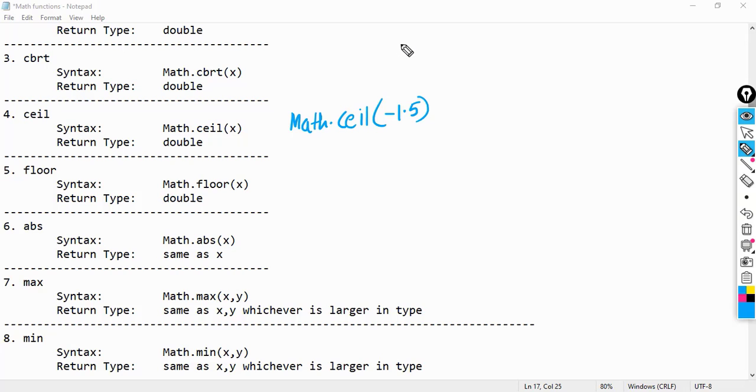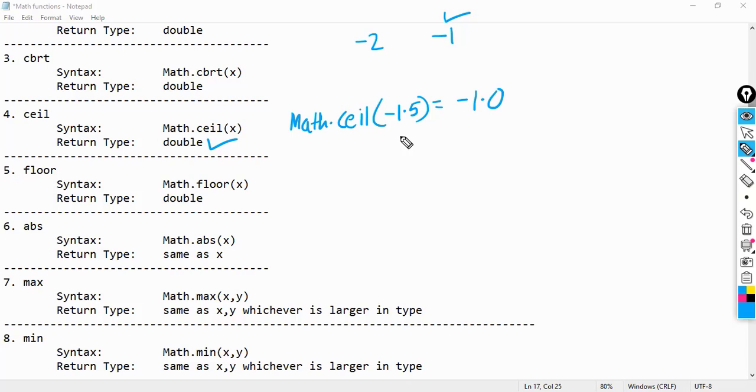Minus 1.5 lies between minus 1 and minus 2. We need to take the bigger number. Between minus 2 and minus 1, the bigger number is minus 1. So its answer will be minus 1.0. You need to keep in mind the return type. The return type is double.